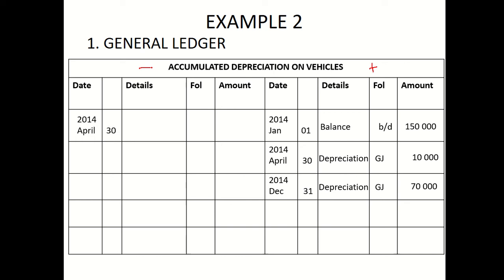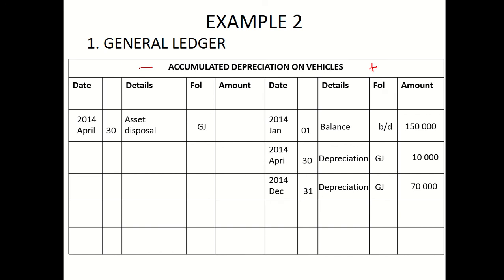We sold a vehicle. We need to take out the depreciation of the vehicle we sold. It will be asset disposal, recorded in the general journal. The total accumulated depreciation of the asset we sold at the beginning of the year was 60,000 rand.